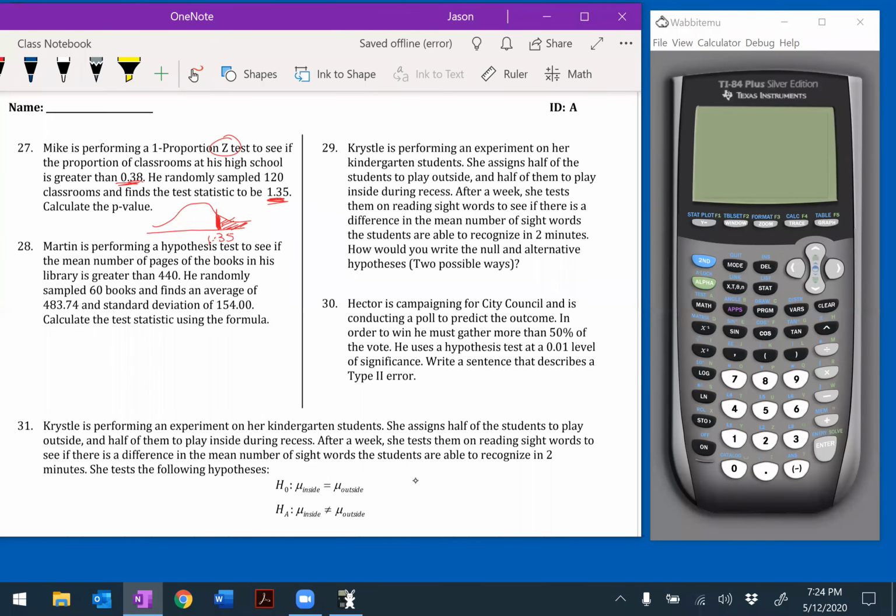Okay. So we want to use normal CDF to get the p-value. So we're going to go second vars, and then we're going to go normal CDF. And we're going to say from 1.35 to positive infinity.